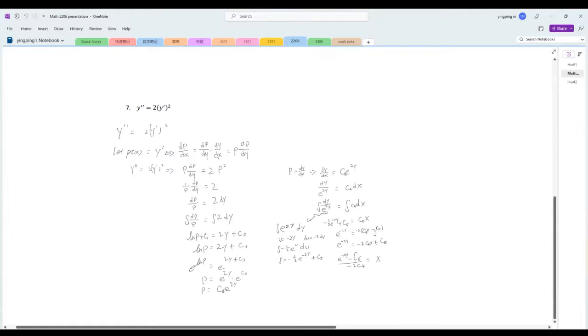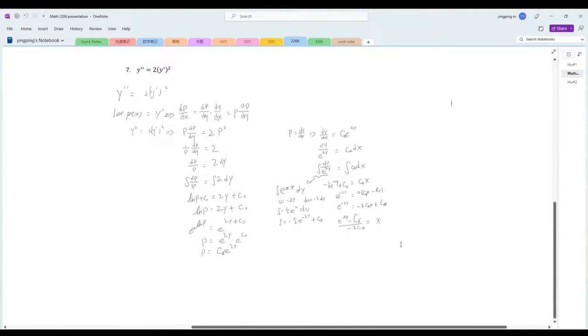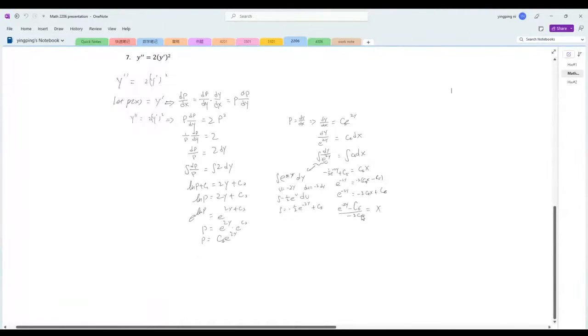Since negative 2 times negative c5 is also a constant, x equals e to the negative 2y minus c3 over negative 2 times c4. That's your solution? Yeah. x equals some function of y.